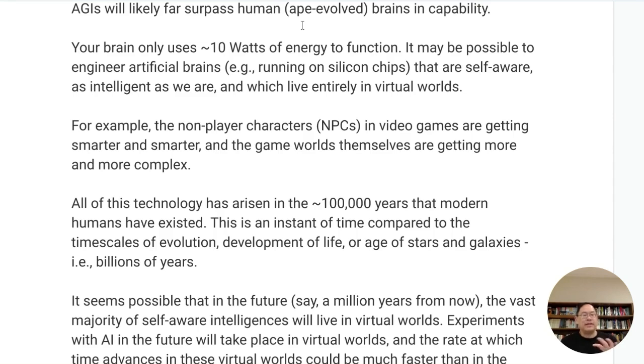That seems like it's in our future, plausibly within the next few hundred years or 1,000 years, assuming civilization doesn't collapse, it just keeps advancing. There's no reason to think within the next 1,000 years we won't have huge numbers of NPCs living in what seem to them at least to be realistic worlds, but which are totally virtual. They're living inside of big server farms.